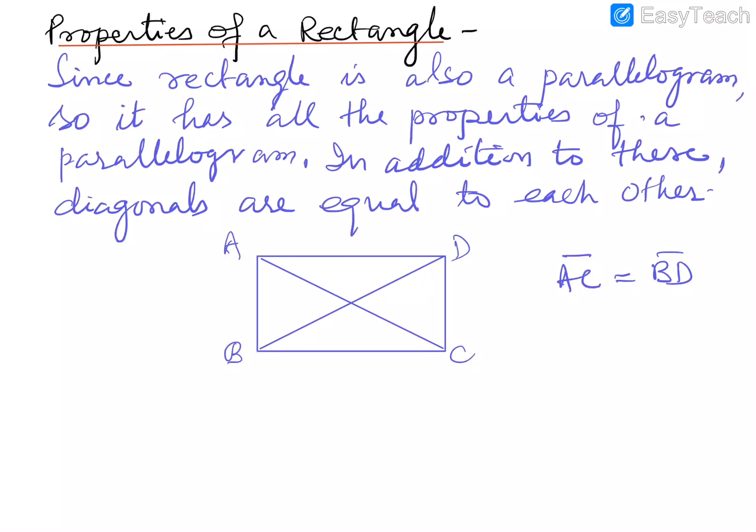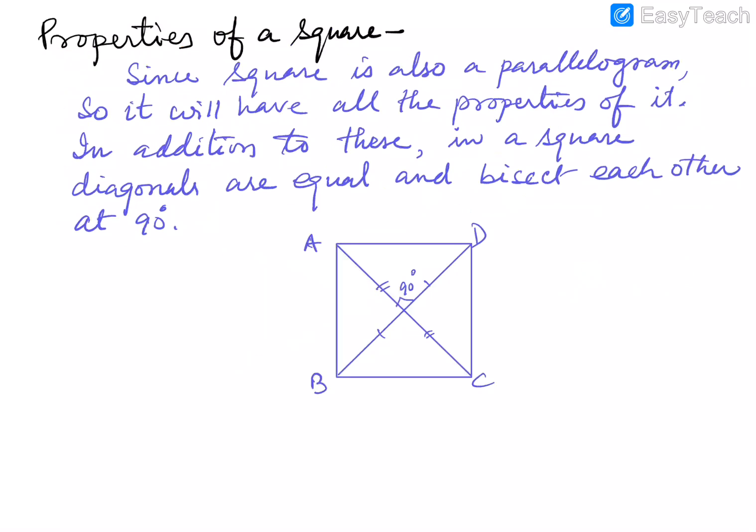It means diagonal AC is equal to diagonal BD. Properties of a square. Since a square is also a parallelogram, it will have all the properties of it. In addition to these properties, in a square diagonals are equal and bisect each other at 90 degrees.